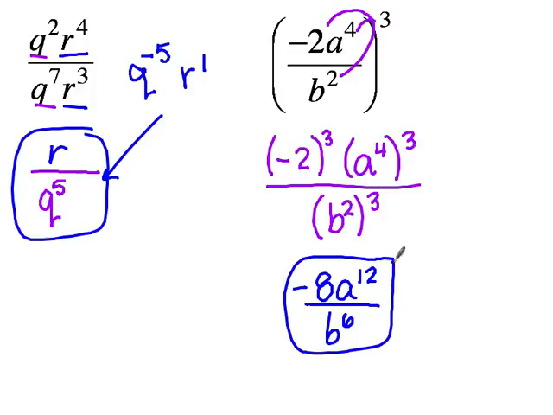Now here's how you know you multiply. A to the 4th cubed means a to the 4th times a to the 4th times a to the 4th, right? So really 4 a's, 4 a's, and 4 a's makes 12 a's.